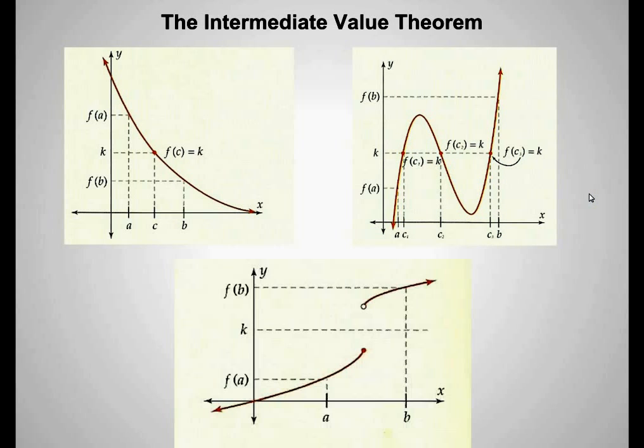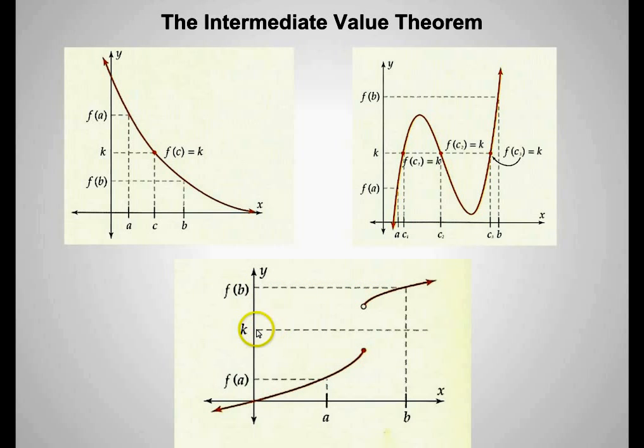When does it not happen? Well, here we have a case where I can choose a value k. If f is not continuous on the closed interval a to b, there may not be a number c for every choice of k. So I'm going to make a choice that's going to make this not work. I'm going to poke a hole in this argument and say, well, I could have chosen k to be down here and it would have worked, or right here just below f of b.